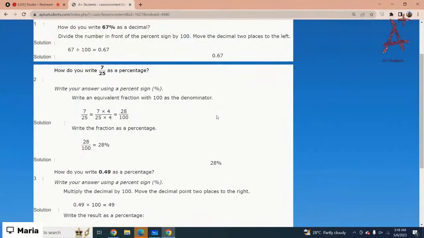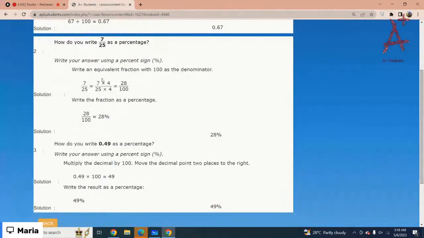Okay, the next one is how do you write 7 by 25 as a percentage? When you have to convert a fraction into a percentage, you have to make the denominator equal to 100.